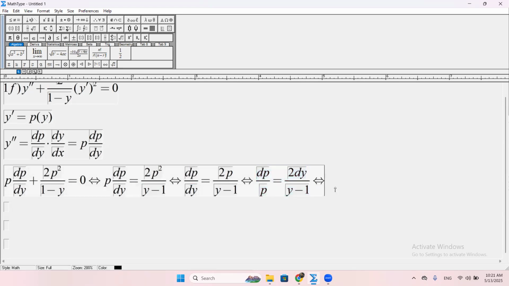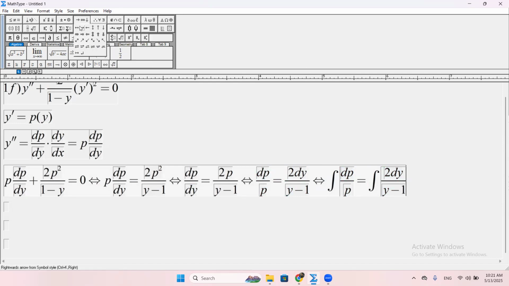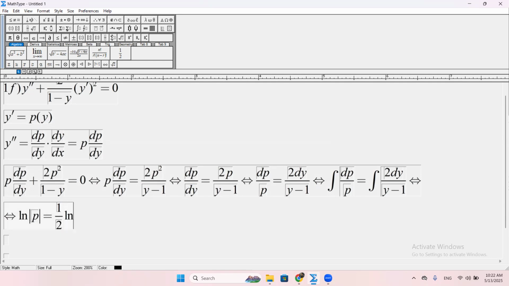And let's integrate. So the logarithm of module p equals 1/2 logarithm of module y minus 1 plus the logarithm of module c1.